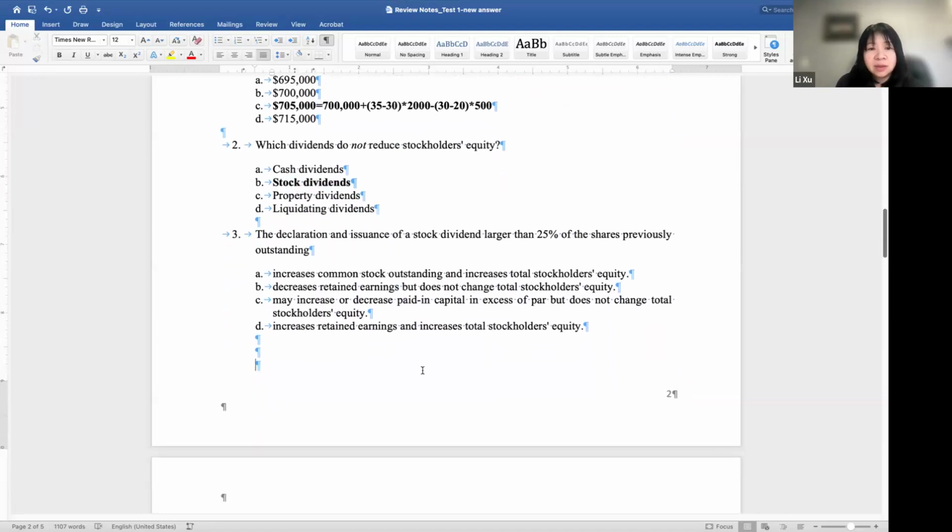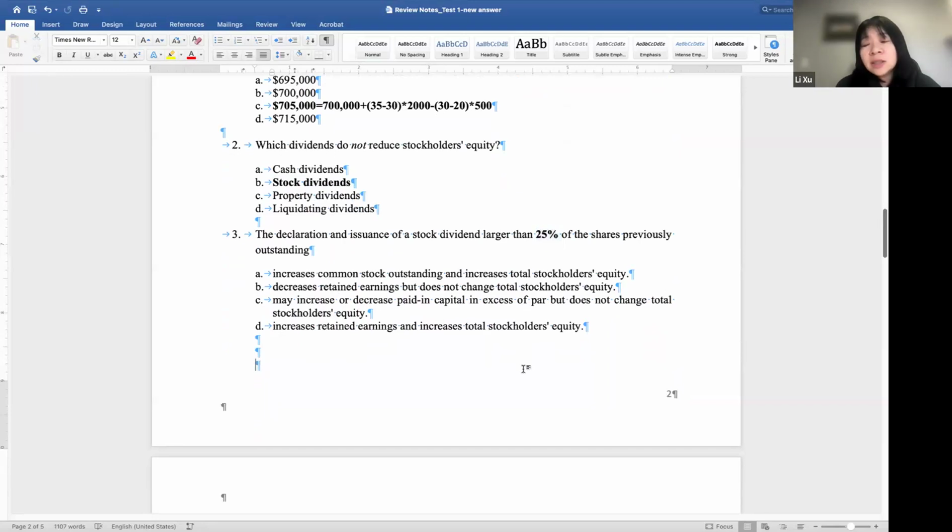Question number 3. Again, this is a multiple choice question. When you declare an issue of stock dividends larger than 25%, what's going to happen? So this is a test on the equity method.